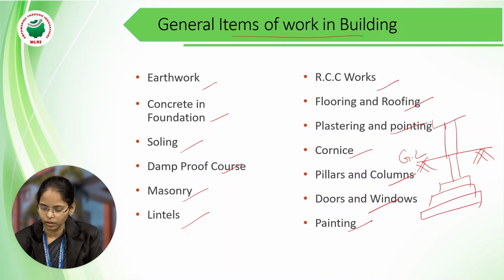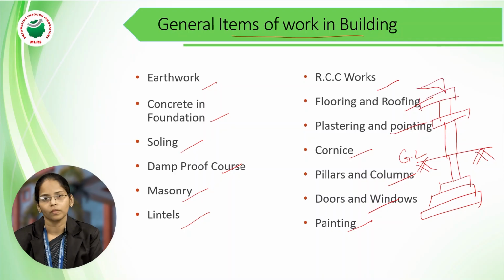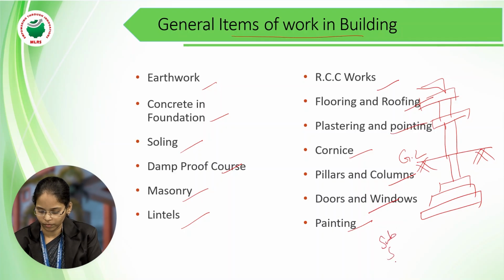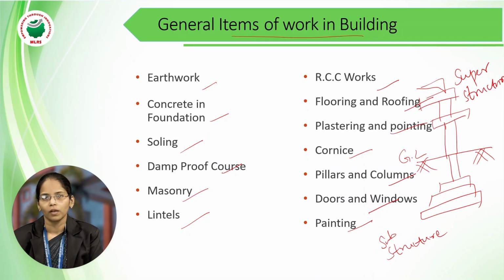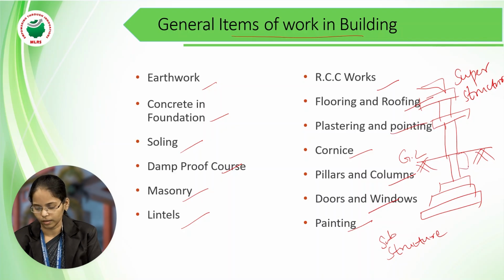Above this will be the superstructure. So here, substructure, this is ground level. Here this will be the plinth area, and here this will be the PCC bed. This will be the foundation, like footings, which we'll be able to design here.